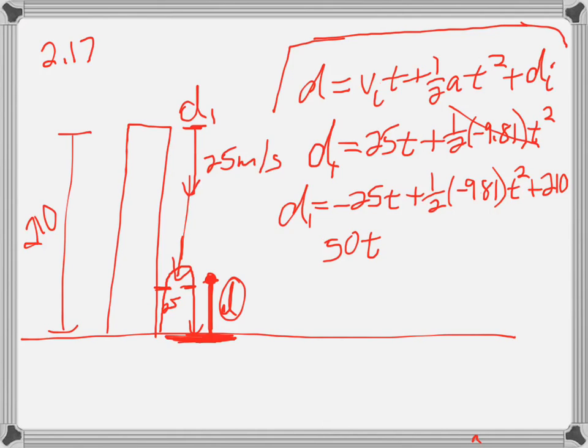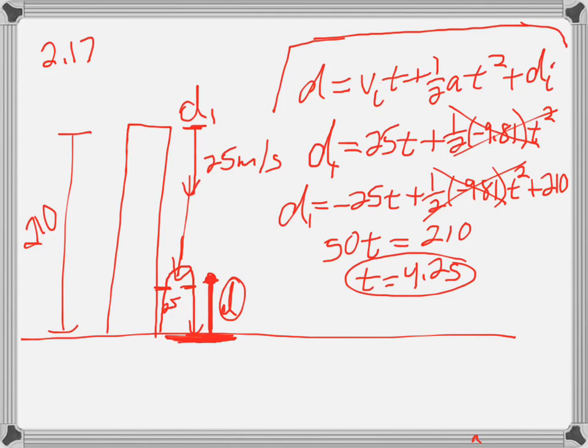And this term and this term actually go completely away. So 50t equals 210, and t equals 4.2 seconds. And then all I got to do to figure out the displacement from here up to here would be to take this 4.2 seconds, plug it back into this equation, in for the time, obviously, and solve for the displacement.